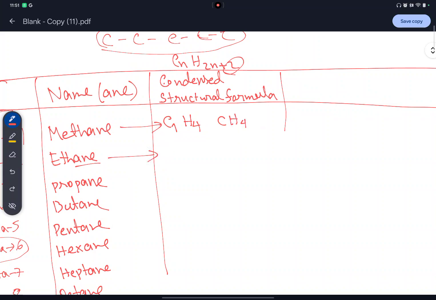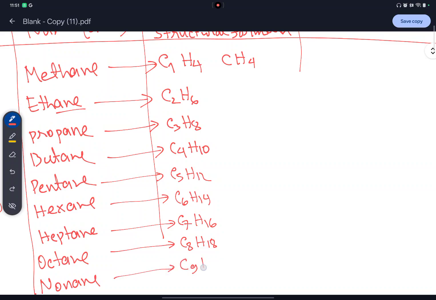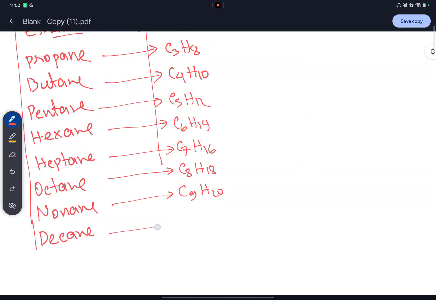So our first formula will be methane, CH4. Ethane will obviously first of all be C2. Hydrogen will first be double of that, then add 2, so it will be C2H6, then C3H8, then C4H10, then C5H12, C6H14, C7H16, then C8H18, C9H20, and finally decane.